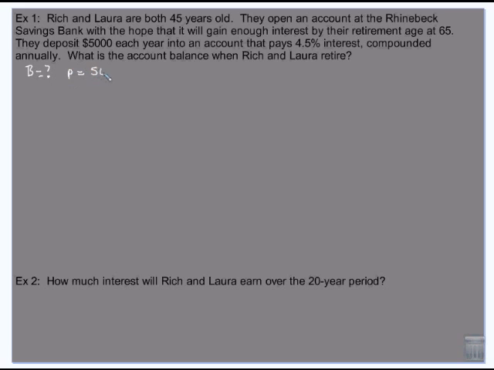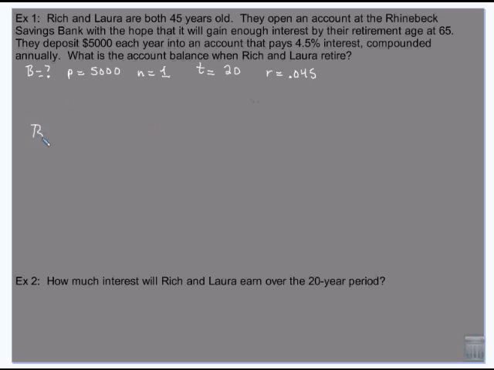P is $5,000 a year. N is 1. T is 20, because 45 to 65 is 20 years. Any questions on that so far? And R is 0.045.